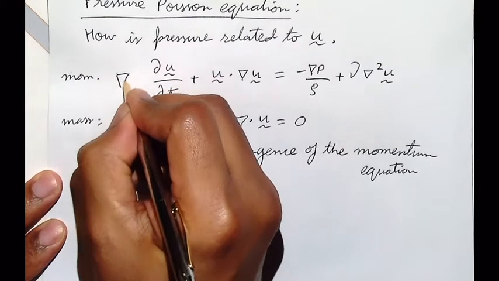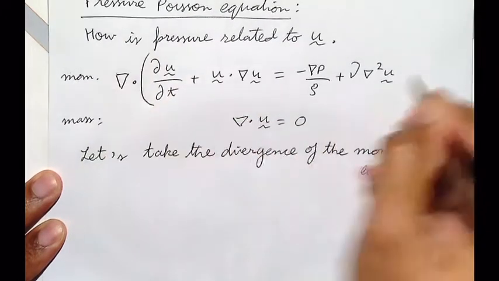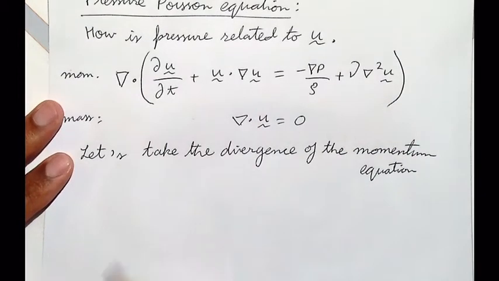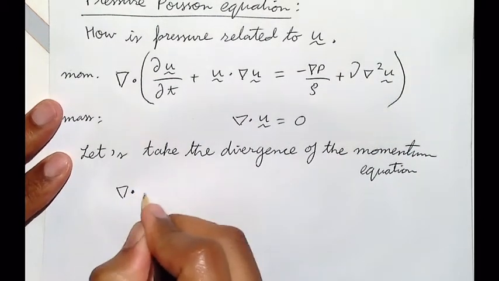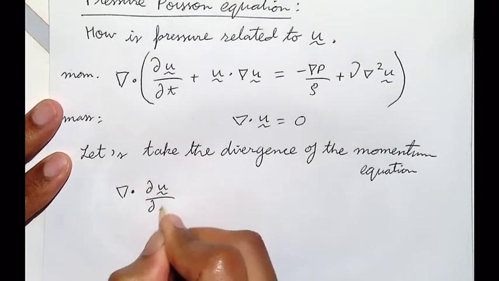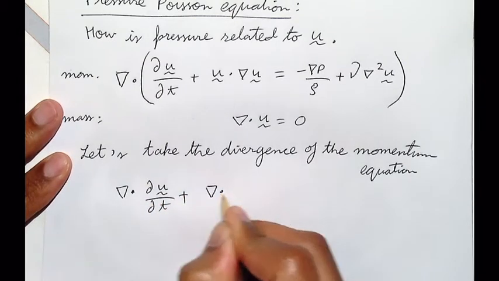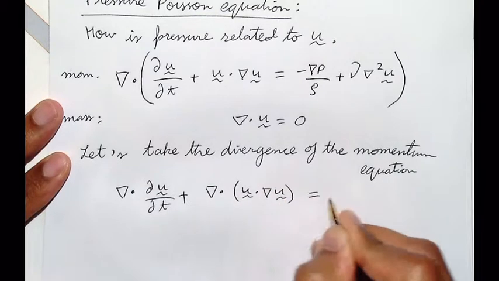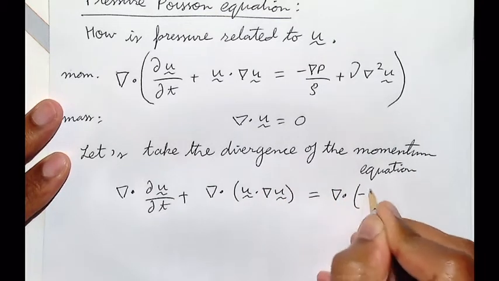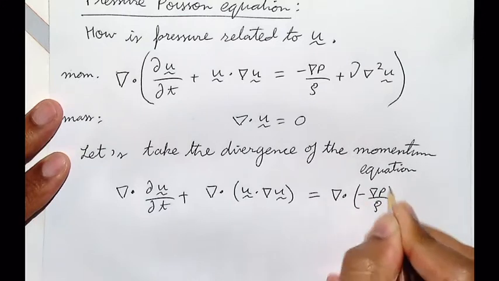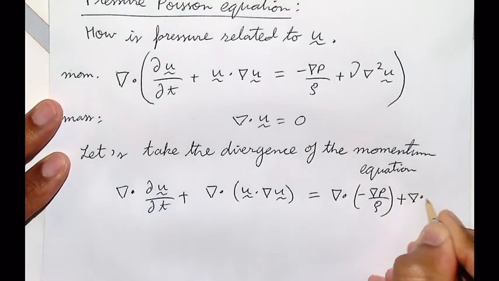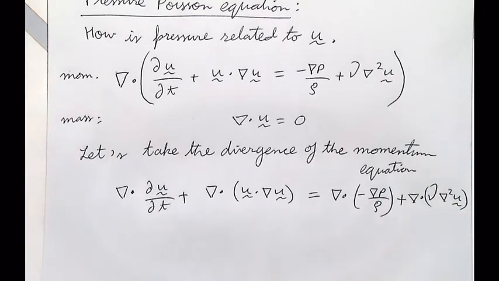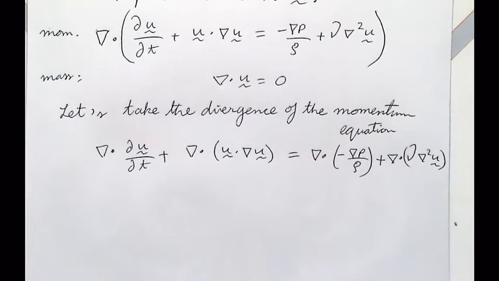So we do a nabla dot this whole thing. Okay. So what do we get? We get nabla dot del u by del t plus nabla dot this big term, minus nabla dot grad p over rho, plus nabla dot the viscous term.